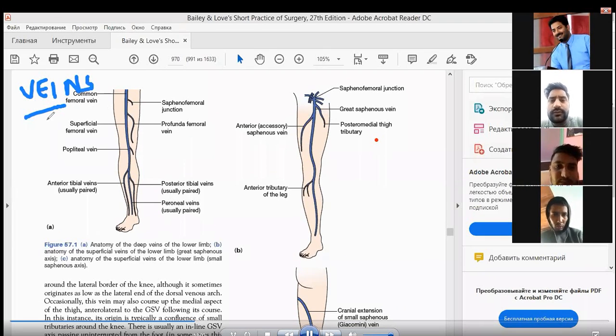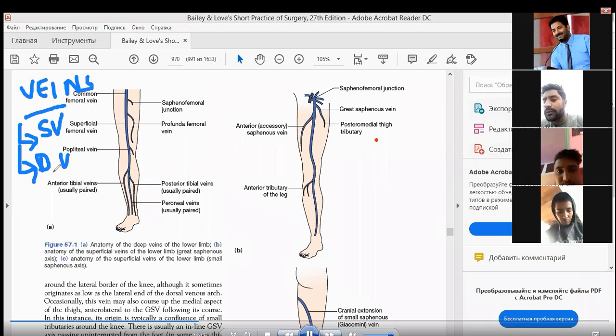Veins of the lower limb, you can divide into two categories: superficial veins and deep veins. Which ones are the superficial veins?